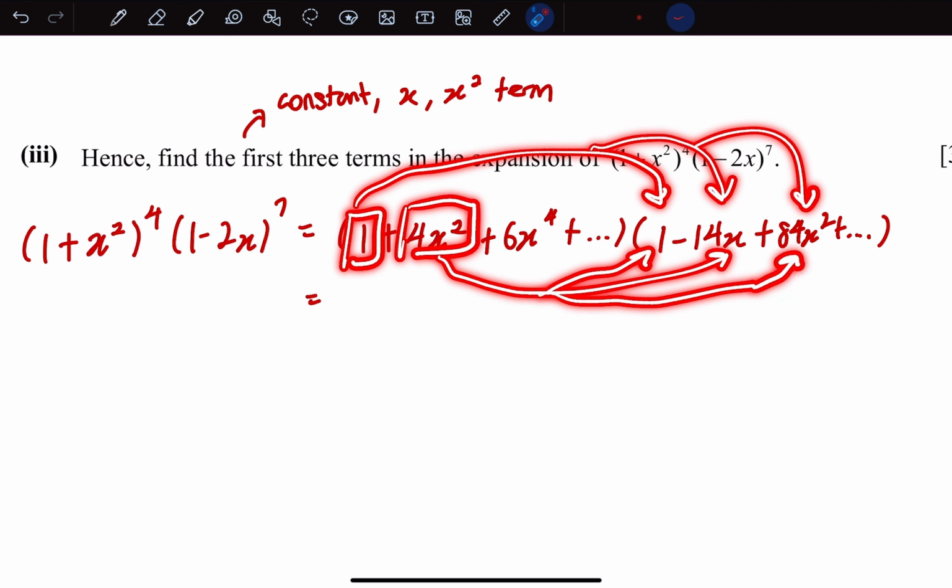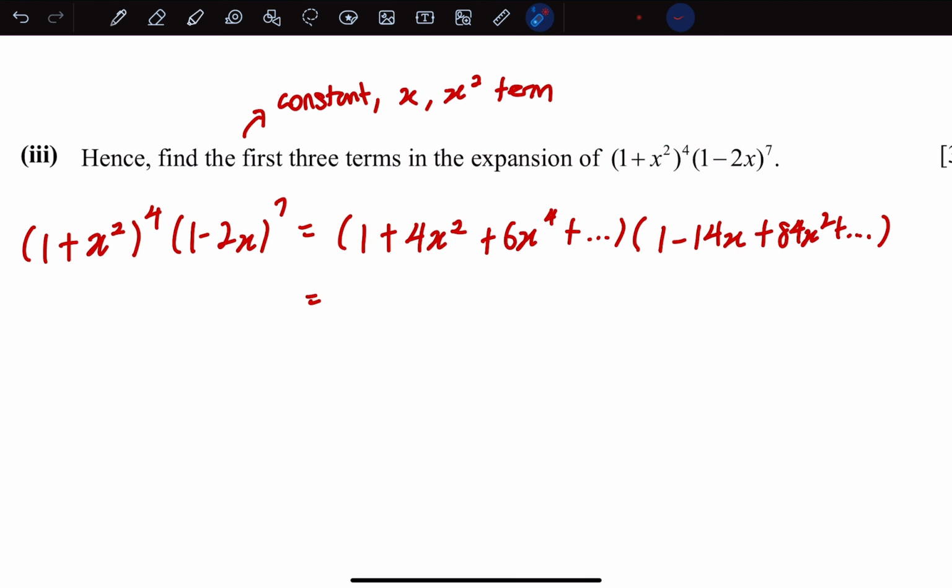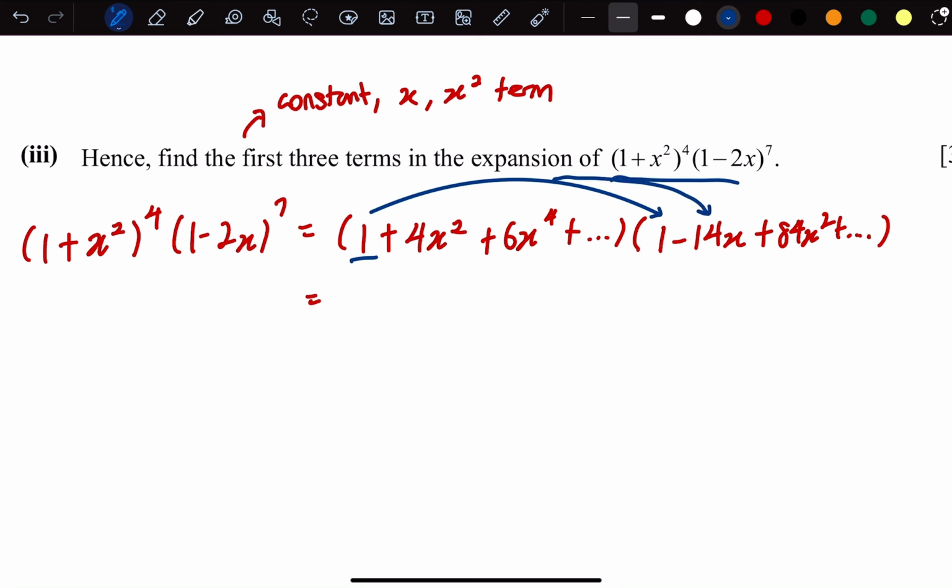You actually don't need to multiply everything. If you are smart by observation, you can see that my first one here, 1, will multiply to these three terms: 1, minus 14x and 84x squared. Then next one, 4x squared, I will multiply to just 1.